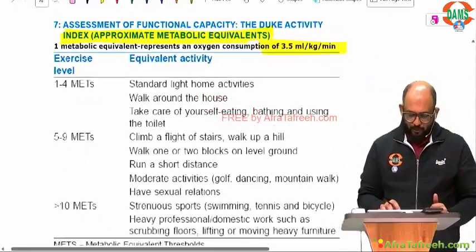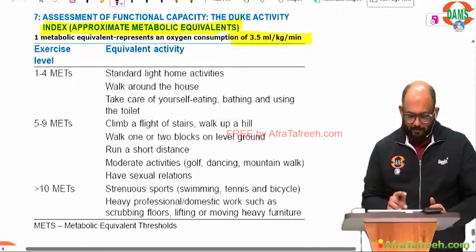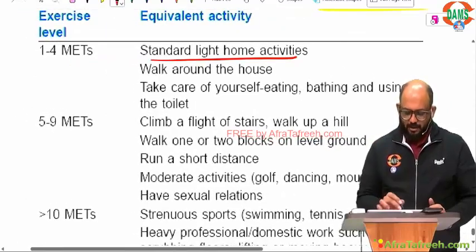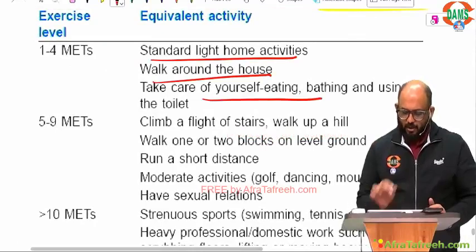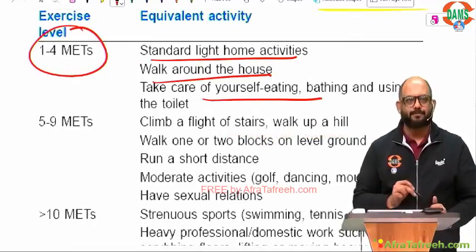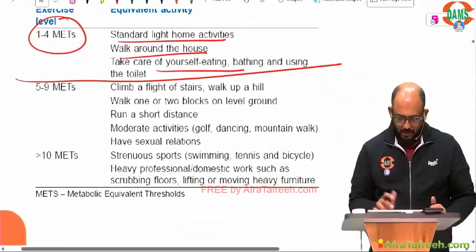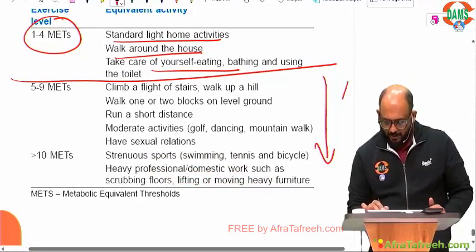What you have to remember is, if you are able to do standard light home activity, walk around the house, take care of yourself, that is 1 to 4. More than 4 is adequate cardiorespiratory status.